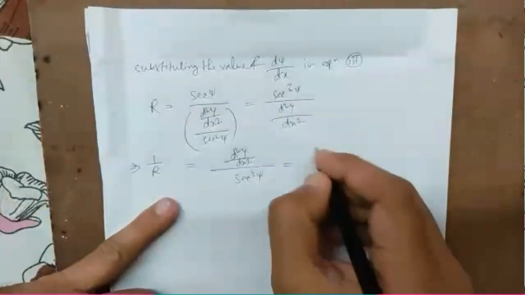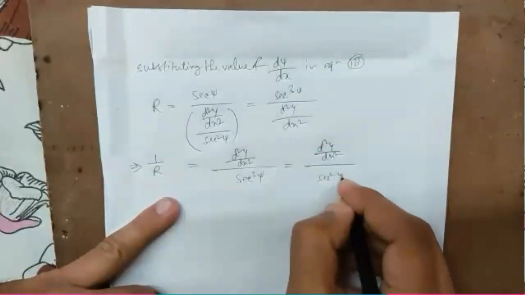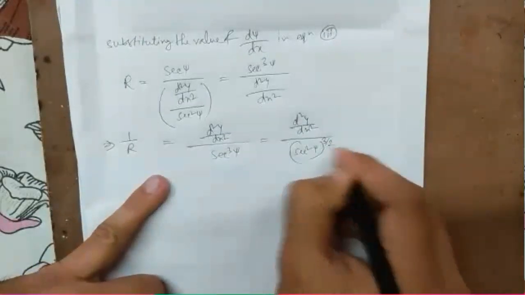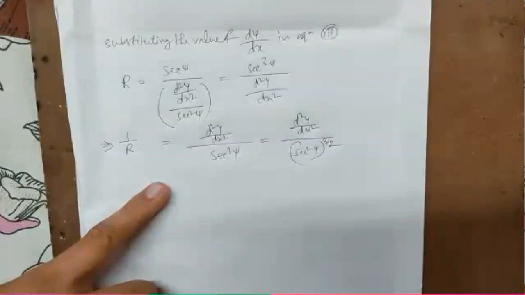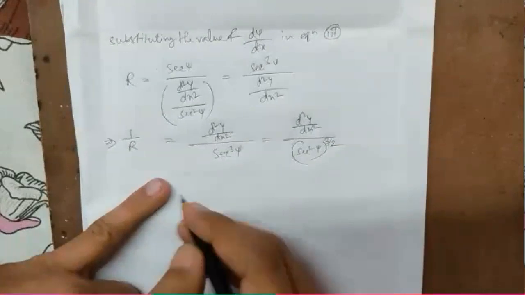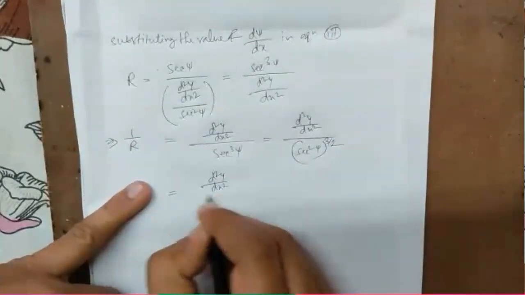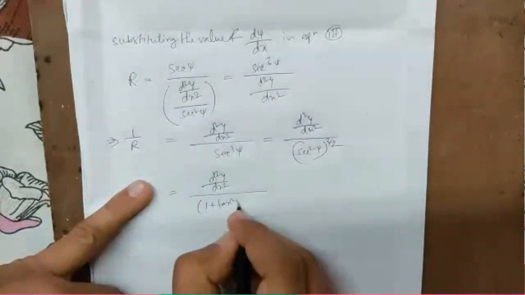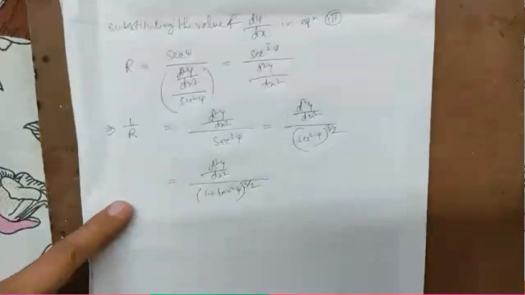Sec cube psi can be rewritten as sec square psi to the power 3 by 2. So now this sec square psi can be rewritten as 1 plus tan square psi. The outward power was 3 by 2, just as it was.